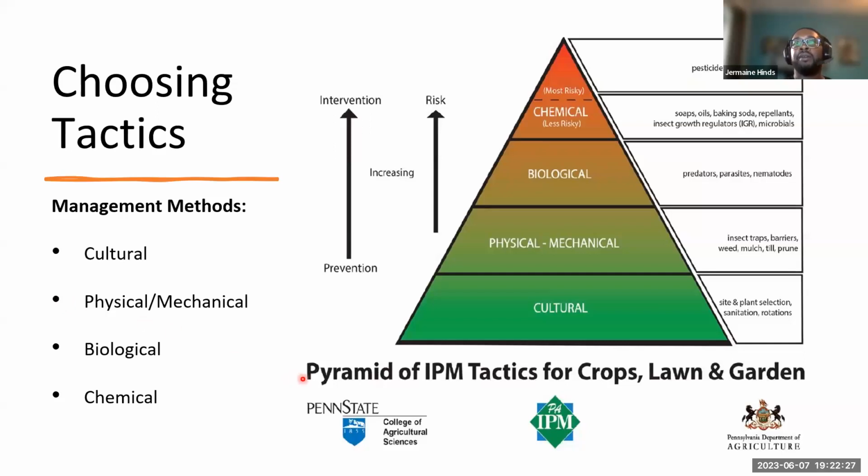This IPM pyramid pretty much ranks these different control tactics in order from least toxic to increasing toxicity, or least risky to increasing risk. At the bottom of the IPM pyramid, these tactics are generally prevention based, and as you go up towards chemical and biological, those are more so intervention based. And we'll get into each one of these different types.